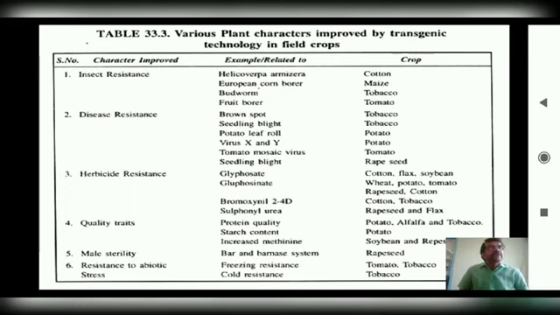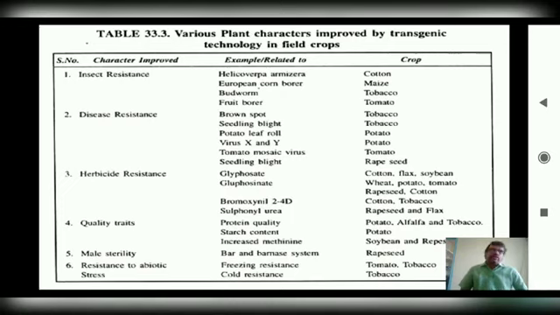They show resistance to diseases, they show resistance to herbicides, they have high quality, and they also show some antibiotic resistance, and resistance to abiotic stresses.